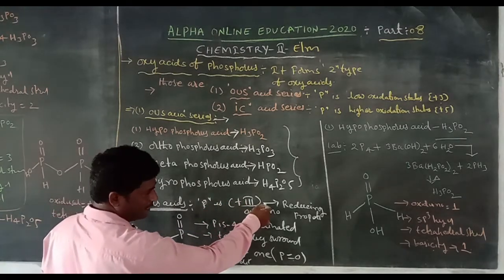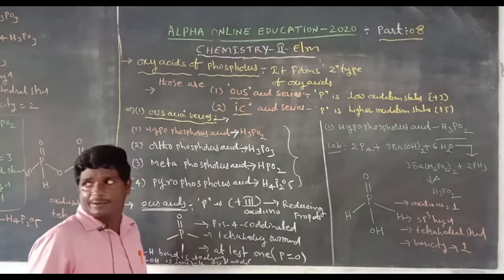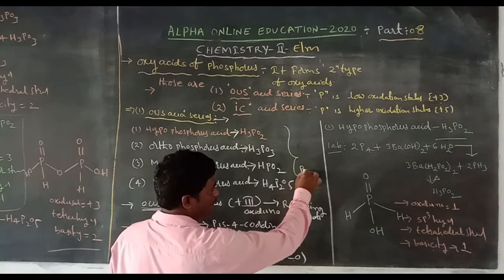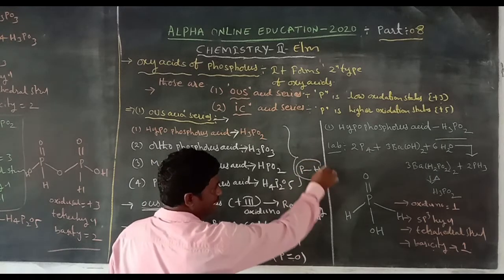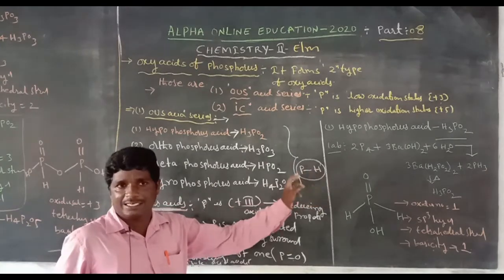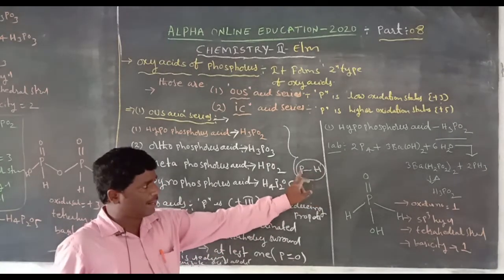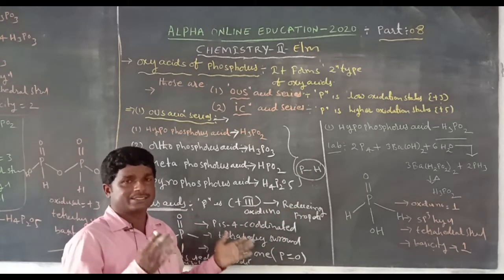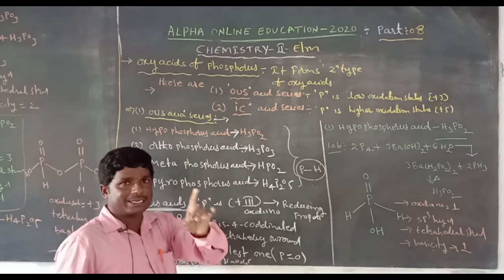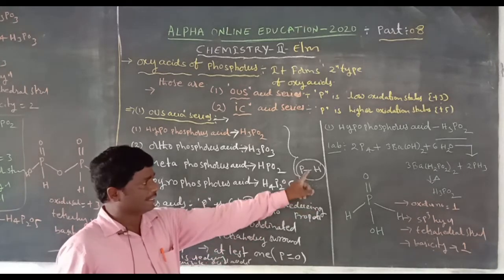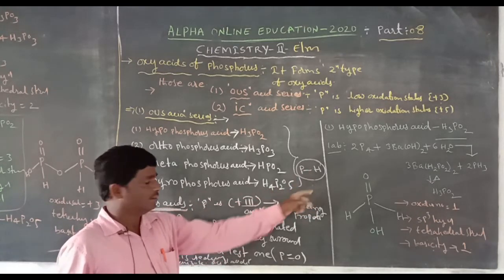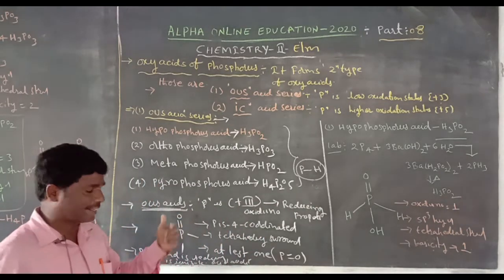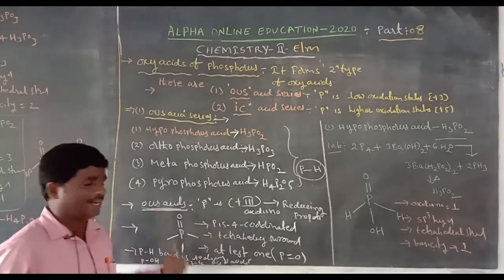They show reducing property because the central phosphorus atom is bonded with H, that is a P-H bond, which is called reducing nature. All phosphorous acid series have at least one P-H bond, so they show reducing nature. That is the lower oxidation number of the central atom.